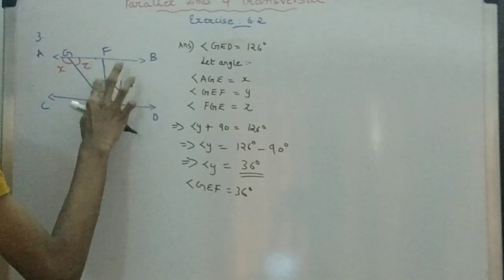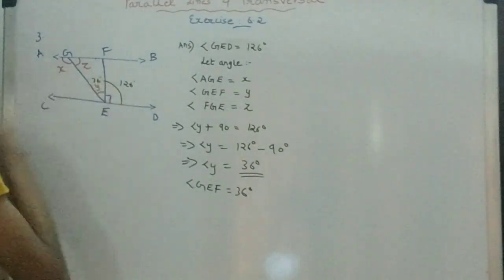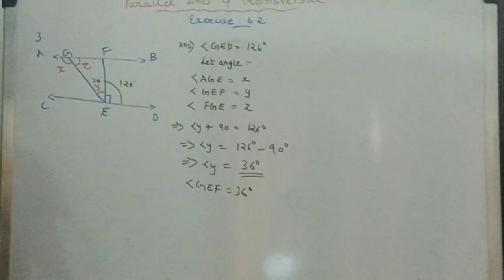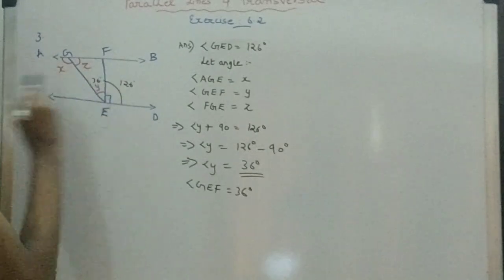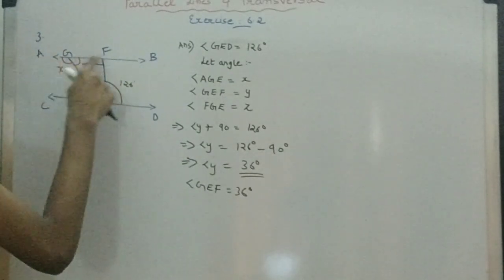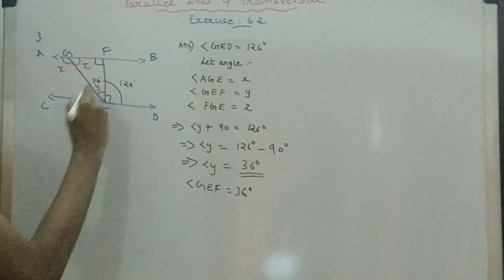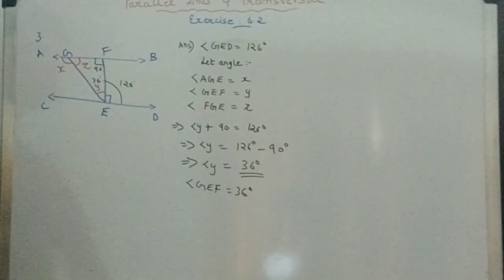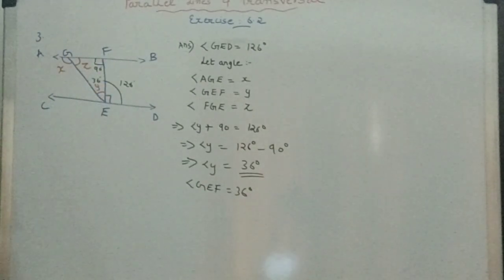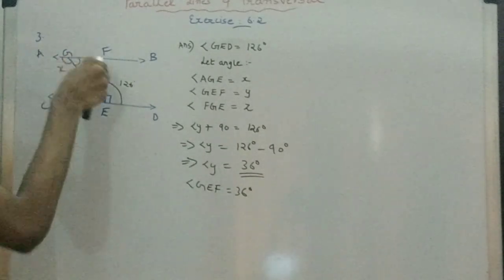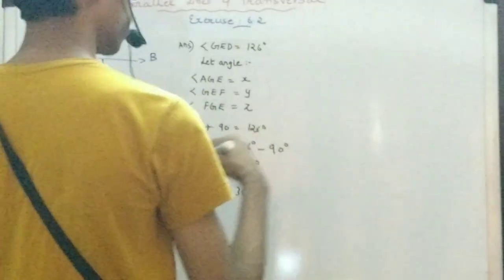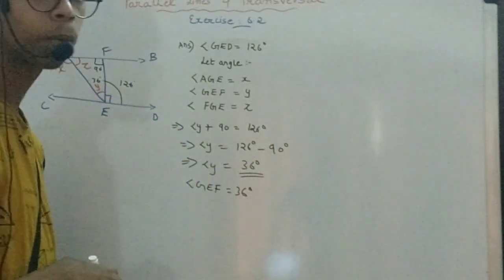Okay, so now since we got this angle is equal to 36 degree, let's find the value of angle Z. Since it is said that these are perpendicular to each other, this angle, that is your GFE, also will be equal to 90 degree. Now if you see here, a right angle triangle is being formed, and you know that the sum of all the angles, if you add all these angles, is equal to 180 degree, which we call the angle sum property of triangle.